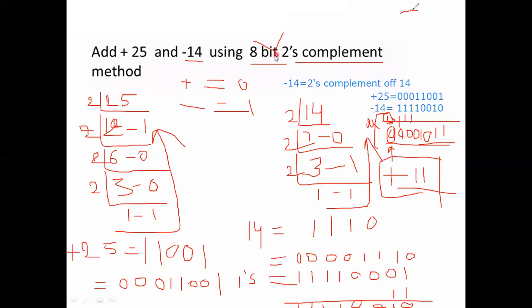Plus 25 minus 14, what is the result we are getting?